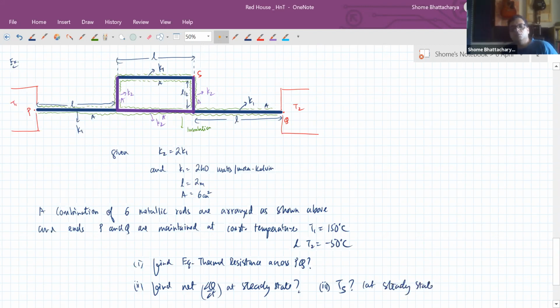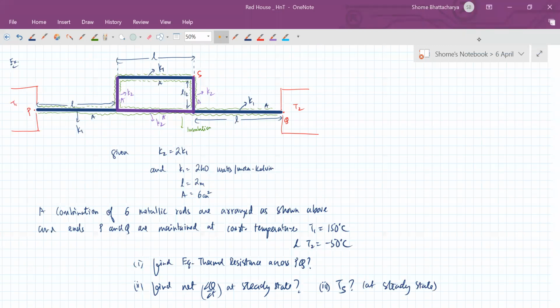Okay. So this problem is like a good workout example for any circuit problem, whether it's an electrical circuit or thermal circuit, whatever be the case.